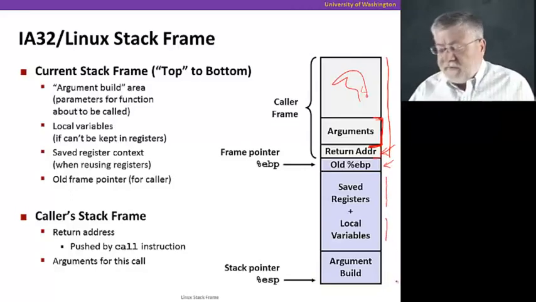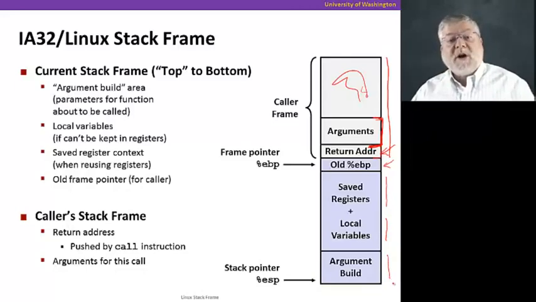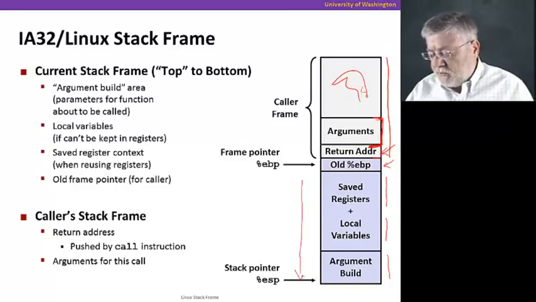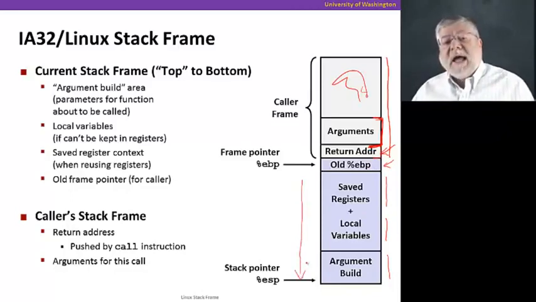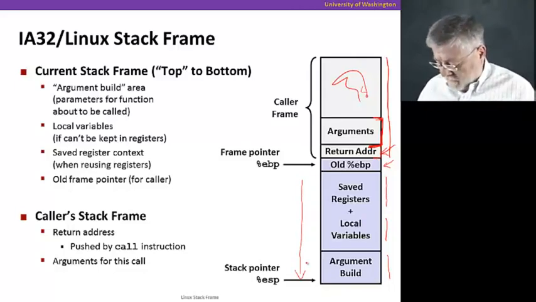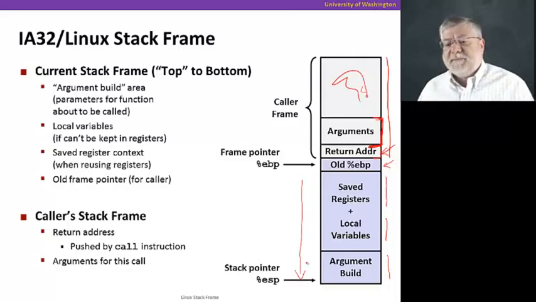And then, of course, some local variables as well that we might want to use in the callee procedure. And we'll get ready building up arguments for any other functions that we want to call from this procedure. And, of course, as we do this, the stack pointer will continue to move as we add more and more things to this stack frame. So that's the basic idea.